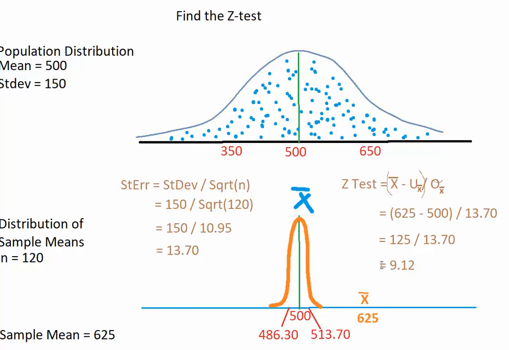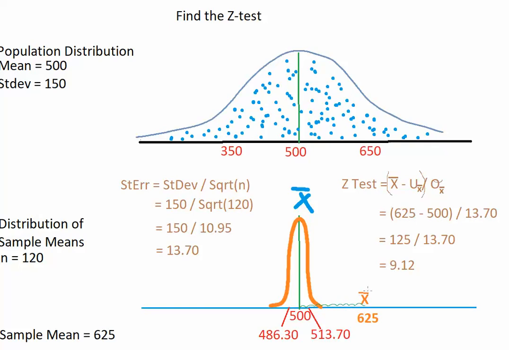So what that's telling us is that a sample mean of 625 from this distribution of sample means, where the average is 500 and the standard error is 13.7, is incredibly rare. That sample mean would be 1, 2, 3, 4, 5, 6, 7, 8, 9.12 standard errors out.